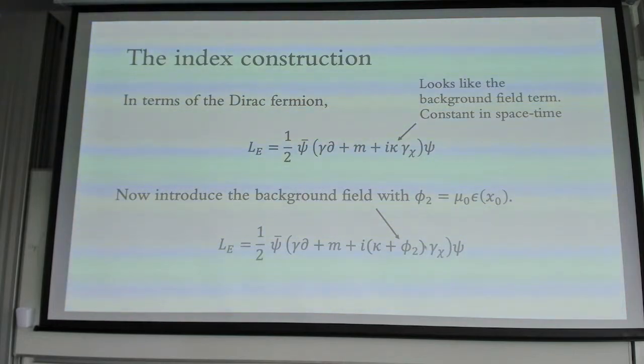I just have whatever number of fermions I had in my original theory, okay? So this looks like the background field term, and this is constant in space-time. So now, given this theory, I'm going to turn on my background field, which had a step function. Okay, so this is my new Lagrangian, which is going to probe if I had in my original theory massless modes or not.